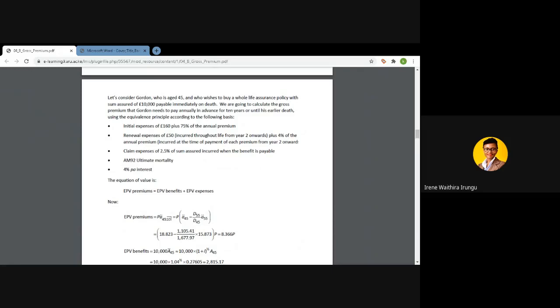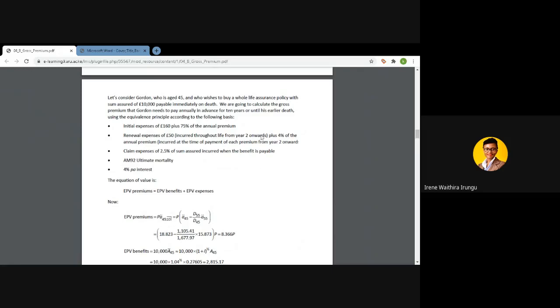So it's possible to structure a whole life contract where you target older people and have them pay their premiums earlier, before they reach an age where they can no longer afford to pay for the premiums. That is the scenario that we have here.